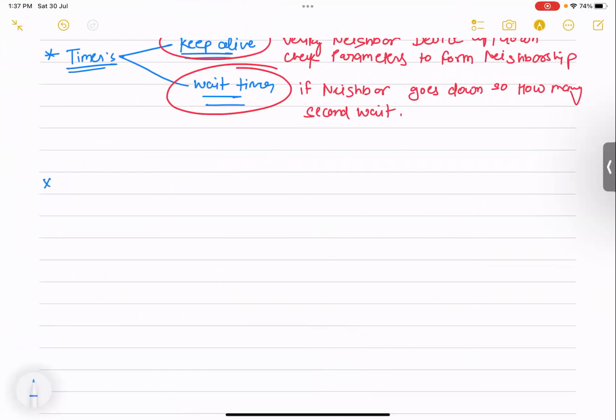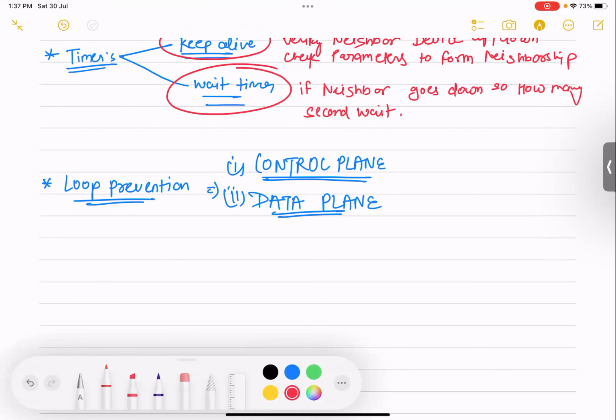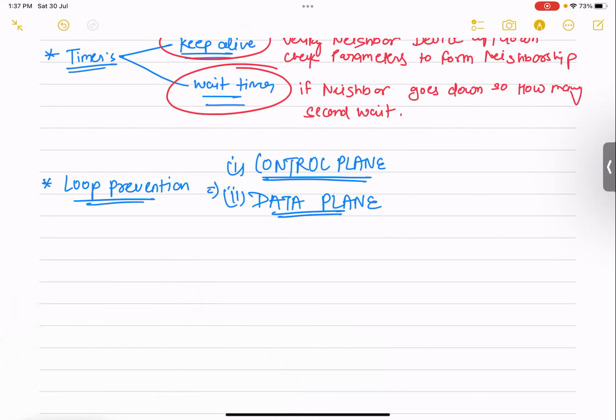Next concept is loop prevention. We are getting two types of loop: control plane and data plane. If someone asks what control plane means, control plane means we are managing updates exchange only, network information.